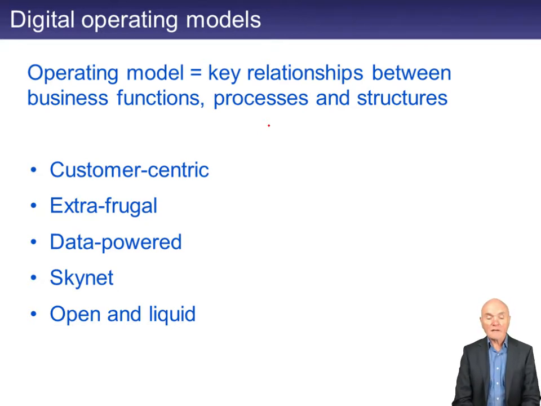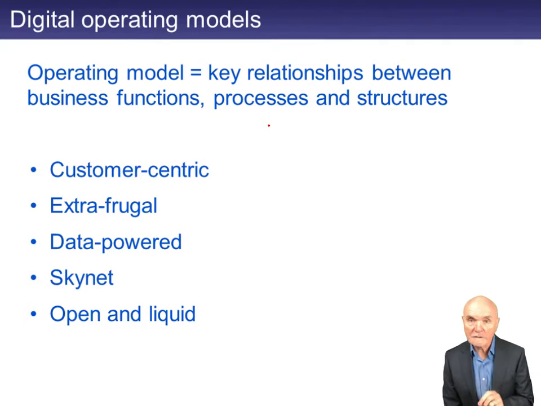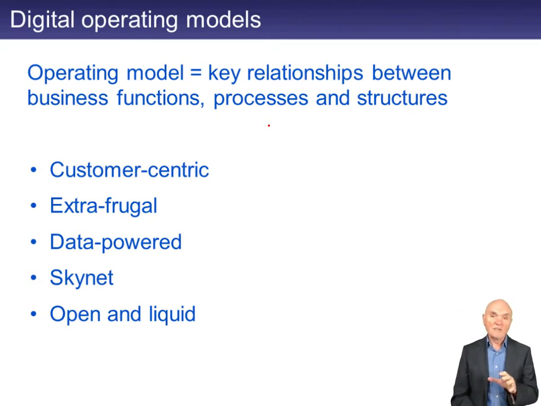And when we're looking at digital operating models, we're saying, with new digital technology, how are we going to use this digital technology to enhance our chances of survival? And there are 5 models talked about. And the first is customer-centric.